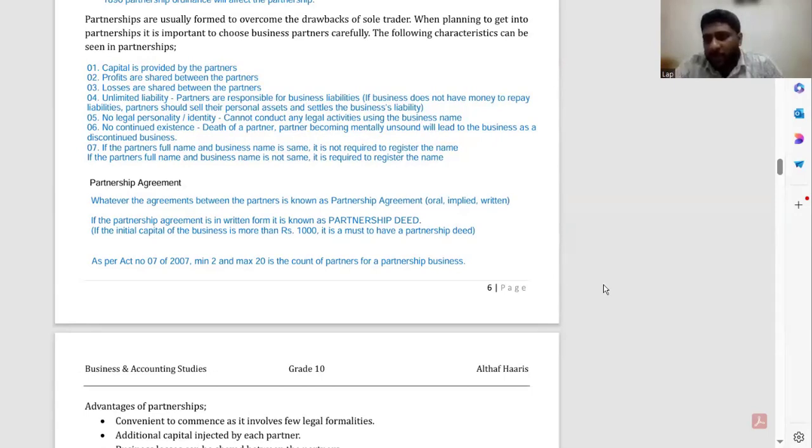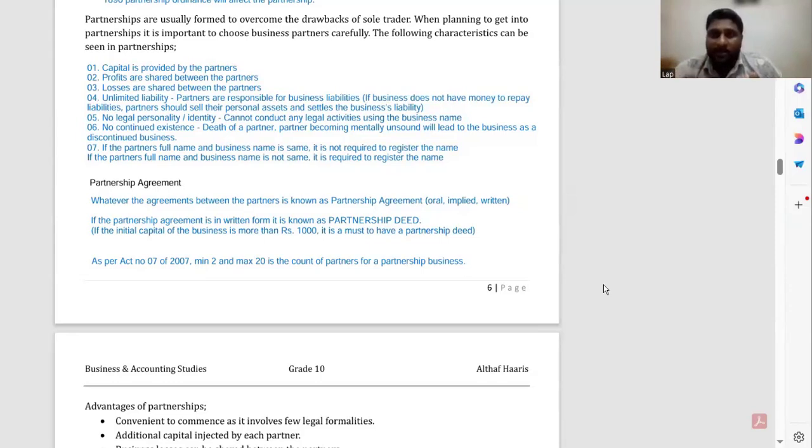So if it is more than 20, will it be a punishable offense? Yes. It's like this. When you are registering the name of the business, you always have to keep updating the list of the partners. If you are not updating the list, even if you have more partners, they will not be captured.